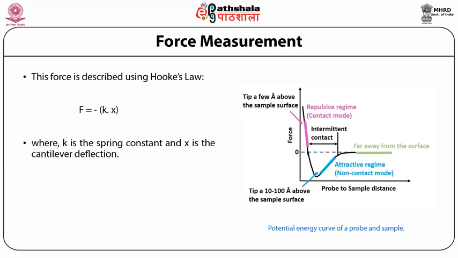Attractive force near the surface is caused by a nanometer sized layer of contamination present over the surfaces at ambient conditions. The amount of contamination depends on the environment in which the microscope is being operated.